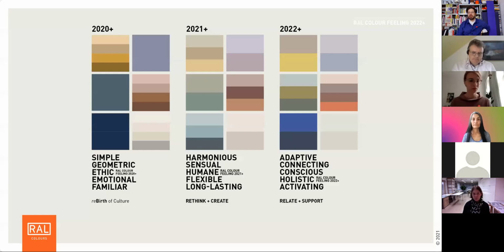RAL Color Feeling is a series of empirically based color trend reports that focus on current to future trends in design and architecture. The reports summarize empirical trends and insights for the practical design of contemporary situations. So we want to design situations because situations are something where people get involved too.